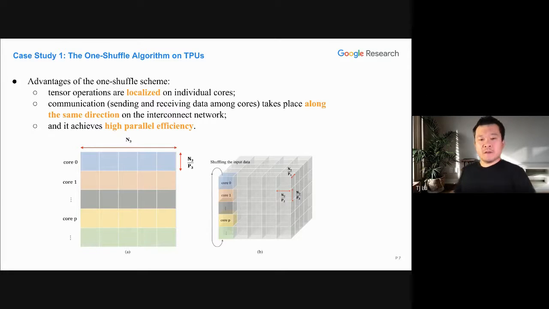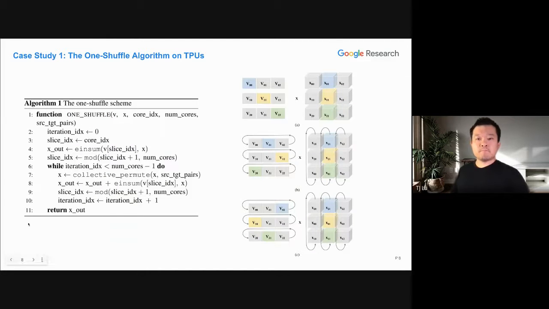After that, another tensor contraction, and again, shuffling the data until information of all cores along the dimension is propagated. The one-shuffle algorithm uses one einsum operation and one collective permute operation. The einsum operation, or tensor contraction, is localized, whereas the collective permute operation is responsible for the communication among the cores.